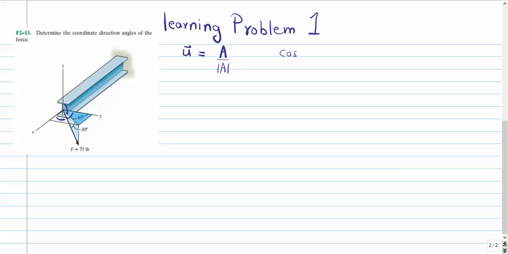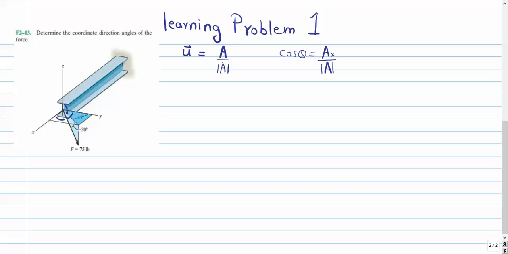Also, the second formula that we need to know is cos of an angle that a vector makes with any positive axis, let's say theta, is equal to the vector A, the component of the vector in direction of that axis, divided by the magnitude of the vector.